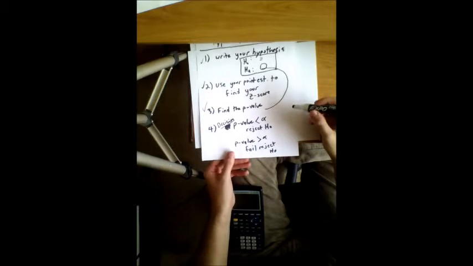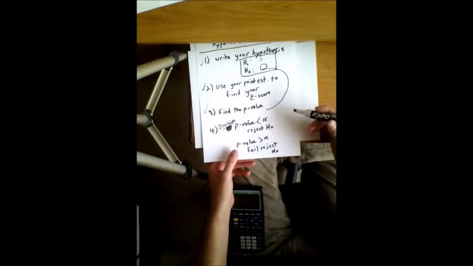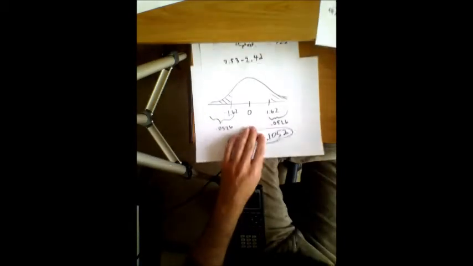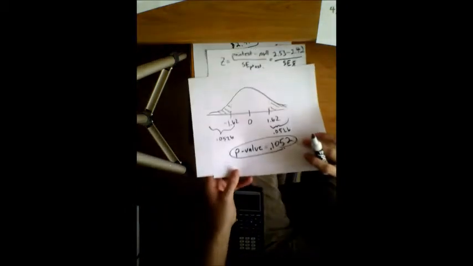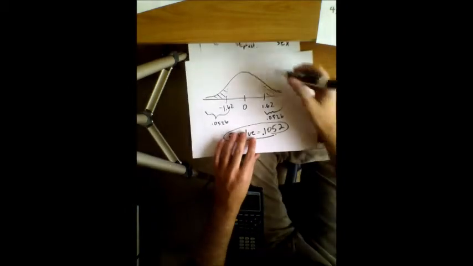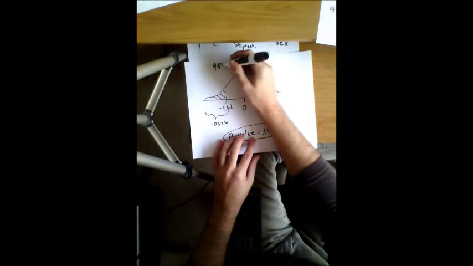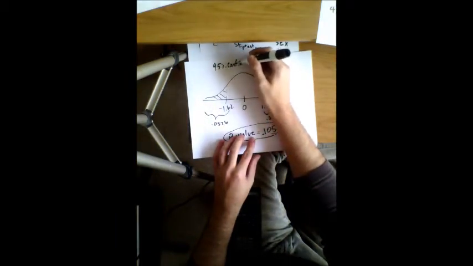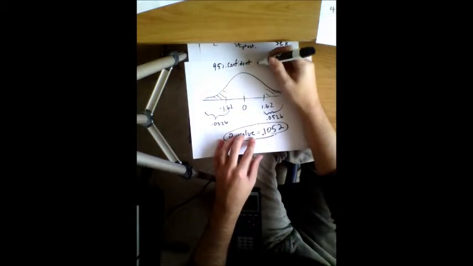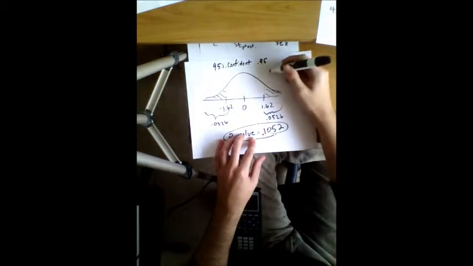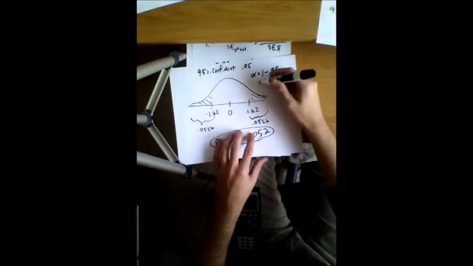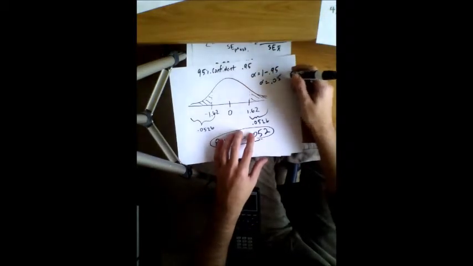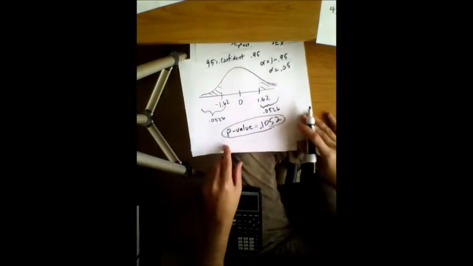Okay, so let's see. We have to find our alpha. We were told originally to do a 95% confidence interval. So if we're 95% confident, that's essentially 0.95. So our alpha is 1 minus 0.95. Our alpha is 0.05. So let's compare this.